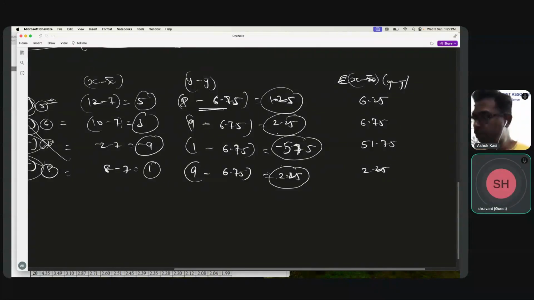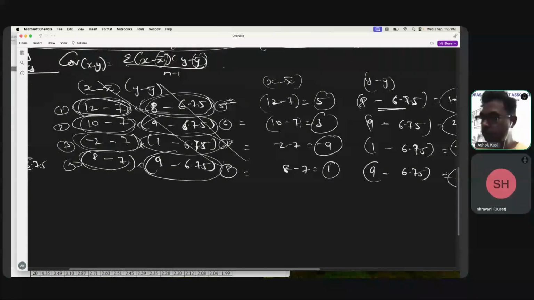Okay. So now you add up all this. 67. So we have got this 67 divided by 4 minus 1, which is 22.33. So this is a positive number.